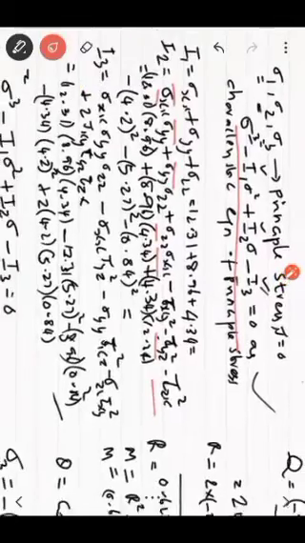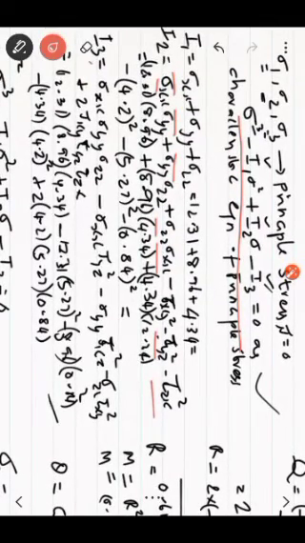Then what is the I3 value? You have to take the determinant of x, y, z. Then you have to subtract: if you put sigma x, you have to put y, z here for tau; sigma y means x, z; and sigma z means x, y, tau square.